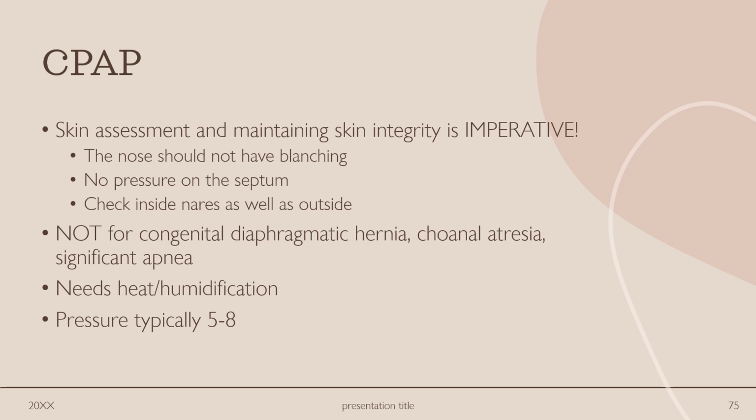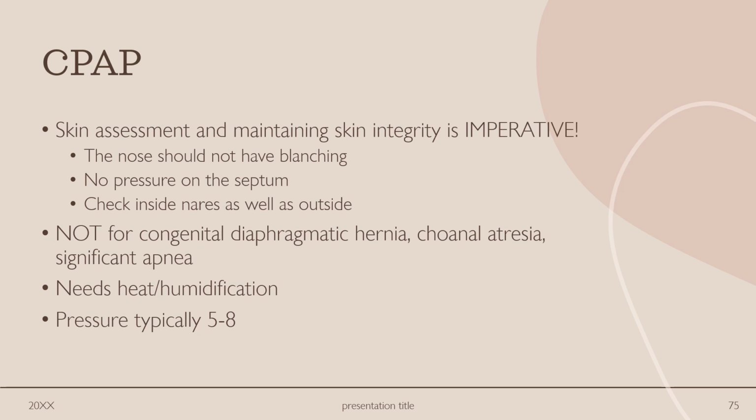Now there are some babies that should not go on CPAP, and that would be a congenital diaphragmatic hernia, where the intestine is up in the chest cavity. If you put that baby on CPAP, that intestine is going to fill with air and occupy even more space in that lung cavity, and whatever lung is there is going to be affected.